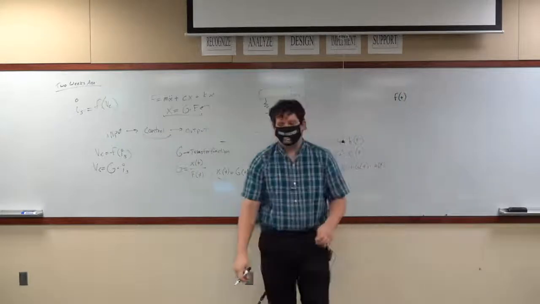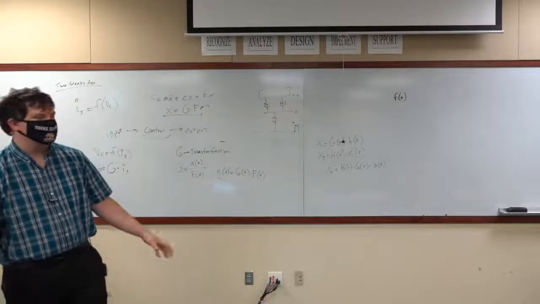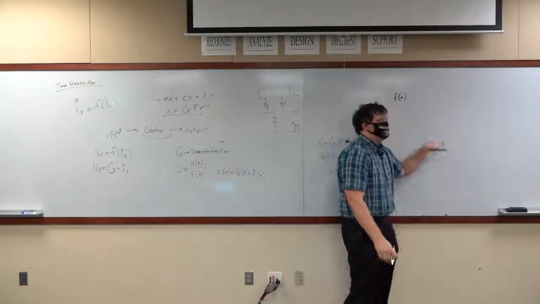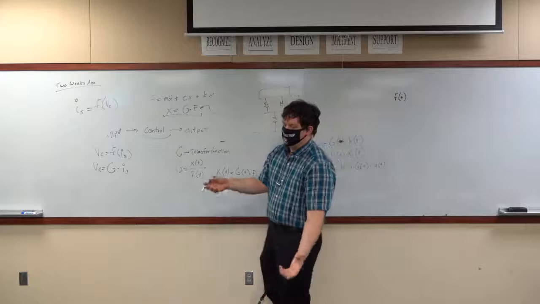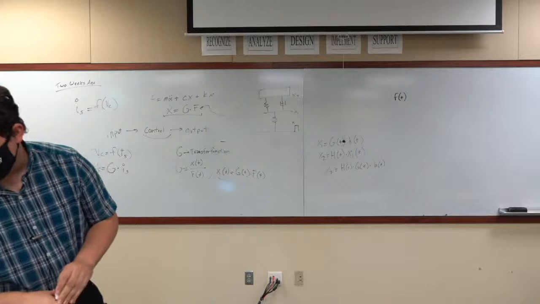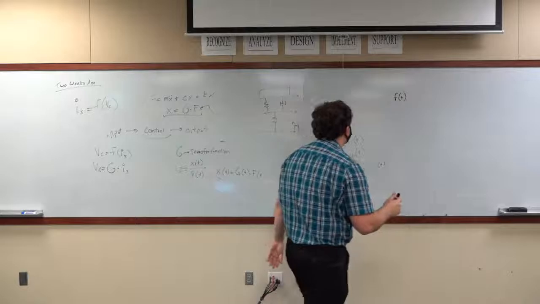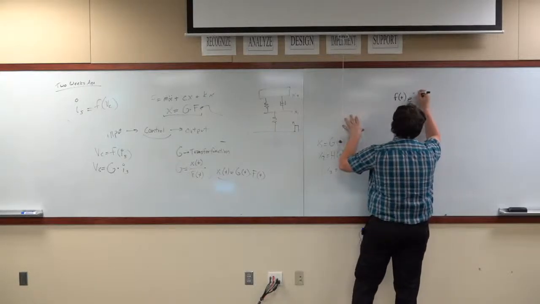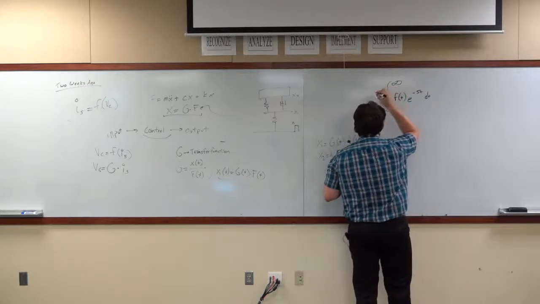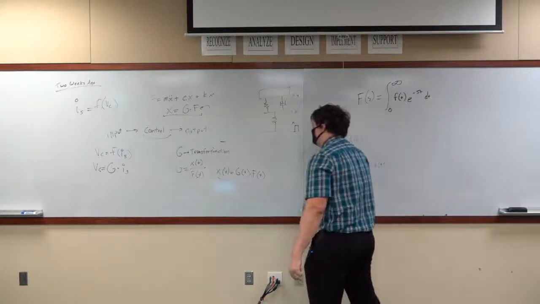And what we're going to do to that function is transform the time scale. We're going to make this not a function of time, but a function of some other variable, an arbitrary variable called s. And we're going to find that by multiplying this function times e to the negative st dt. We'll form the integral from 0 to infinity, and we're going to call that capital F now of s.